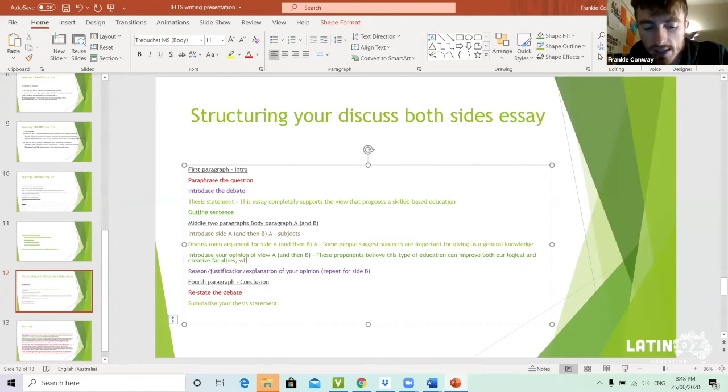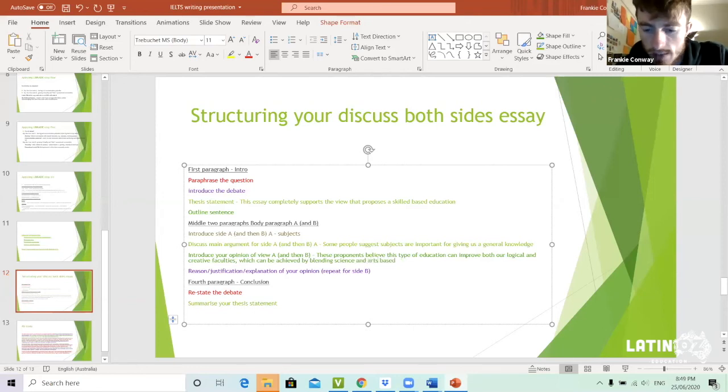Which can be achieved by blending maths and science-based subjects, for example, or arts, or science and arts-based subjects. But at that point, you don't have to agree with it.